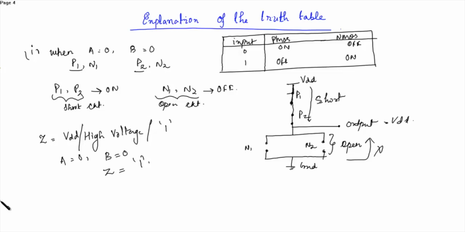Now let's see the next condition. The second condition is when A is equal to 0 and B is equal to 1. So we have P1 N1 with this and P2 N2. When A is 0, P1 is on.